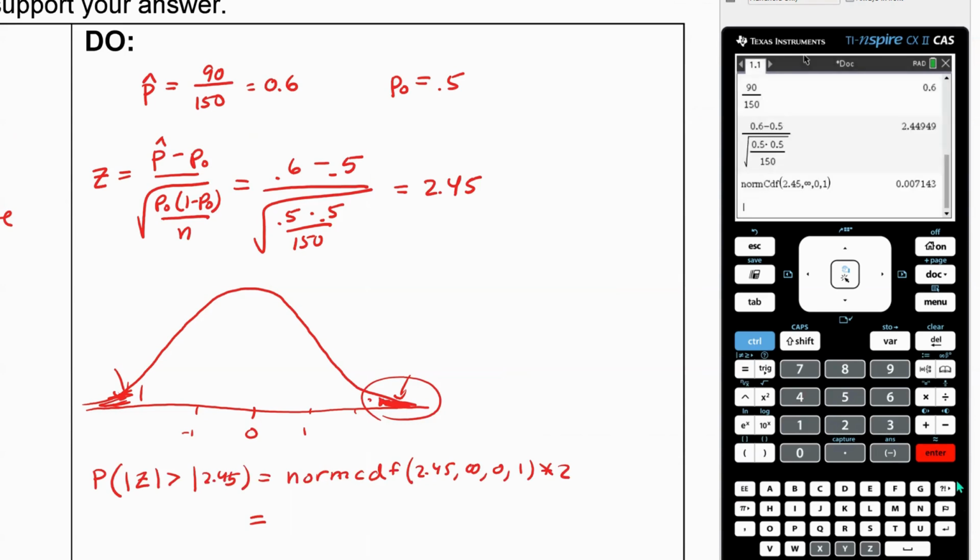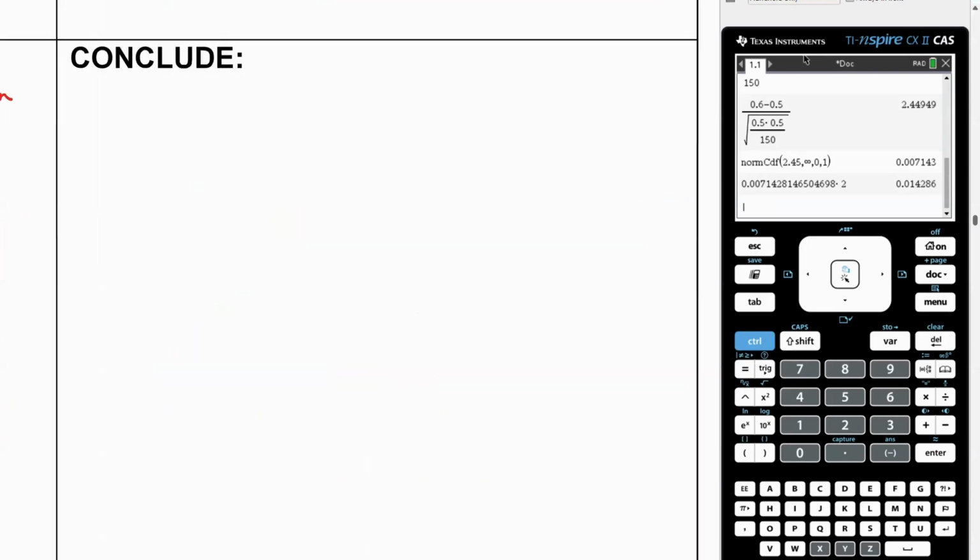Okay, and then we're going to take that number and multiply that by 2. And we get 0.0143. All right? So each of these are about 0.007, and then we double it to get the two tails. And now we're ready for our conclusion.